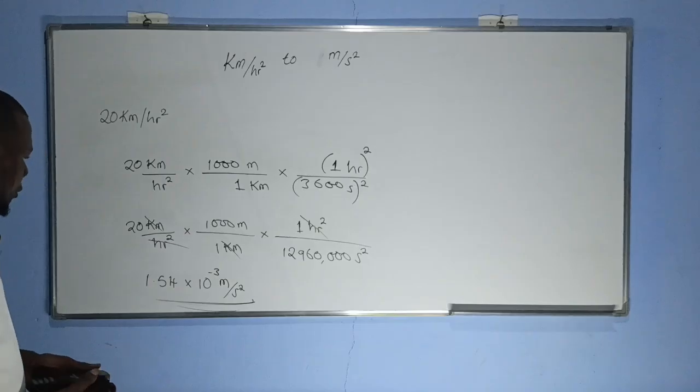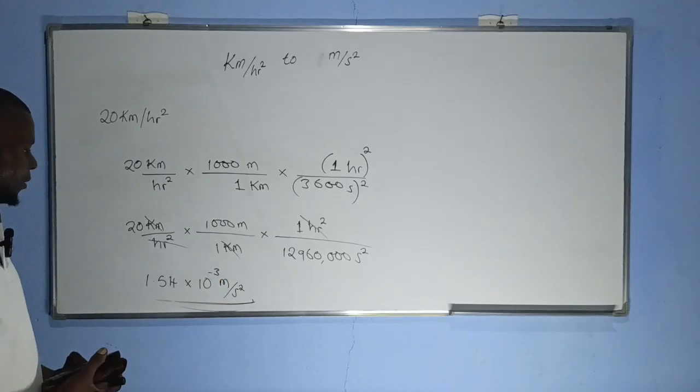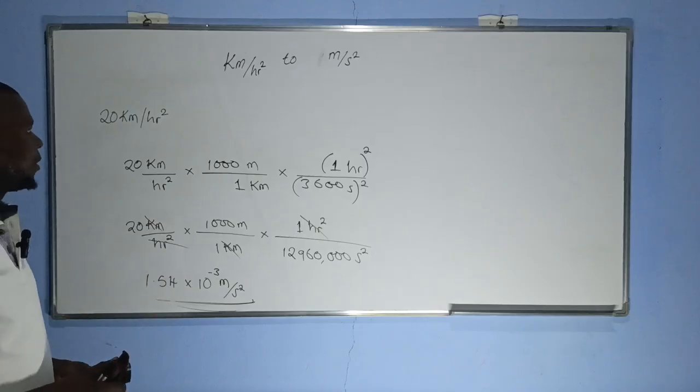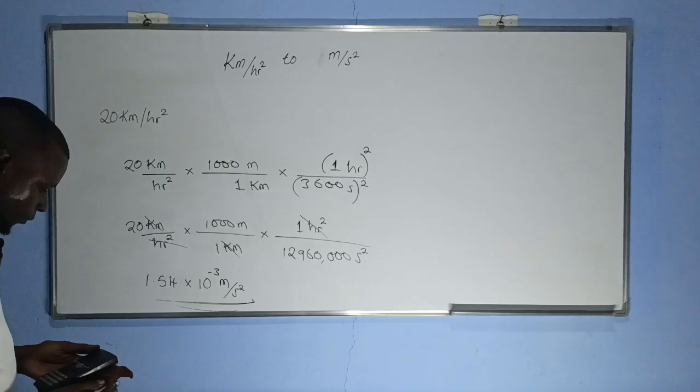So to complement it, we're going to have our value from meters per square second to kilometers per square hour. Let's see if we are getting back our value there.